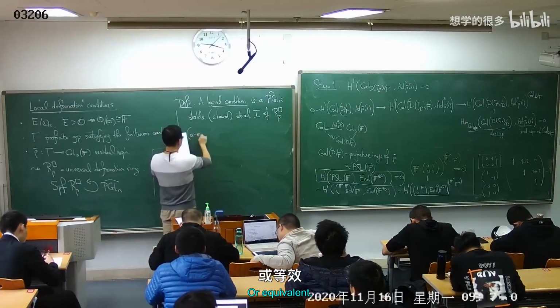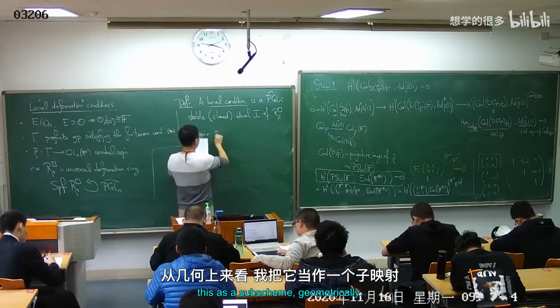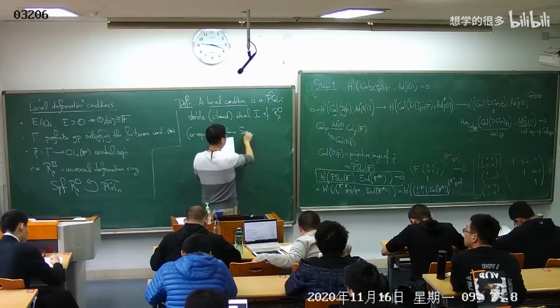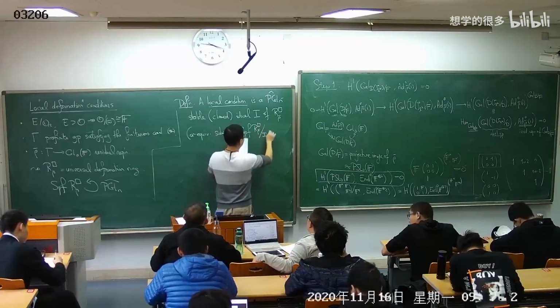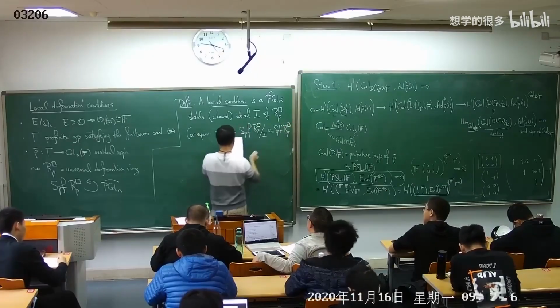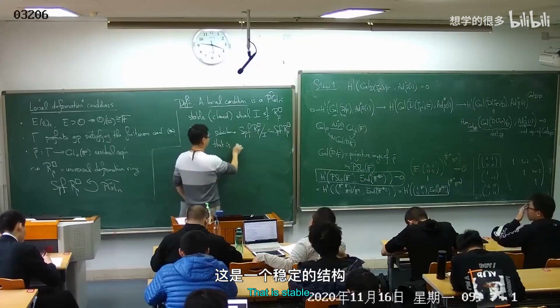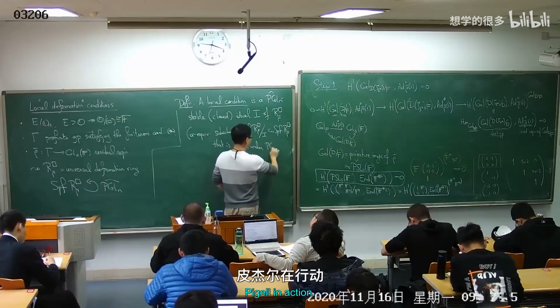Or equivalently, I think of this as a subscheme, geometrically Spf, that is stable under the PGL_N action.